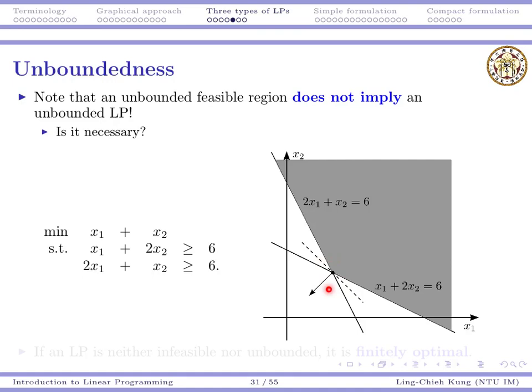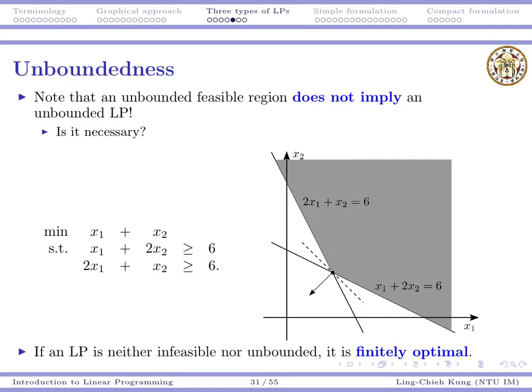So an unbounded feasible region does not imply an unbounded LP. Maybe you want to think about the following question. Does an unbounded LP imply an unbounded feasible region? Is an unbounded feasible region necessary for an unbounded LP? Think about that by yourself.